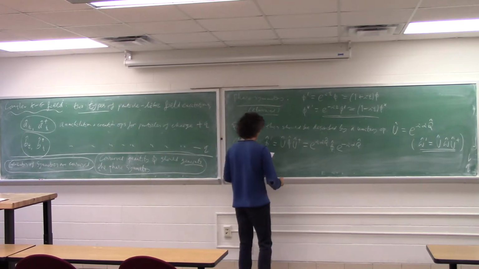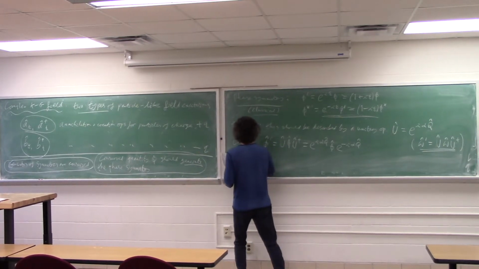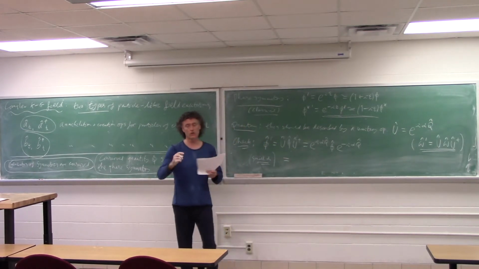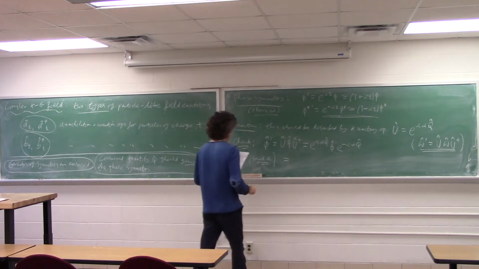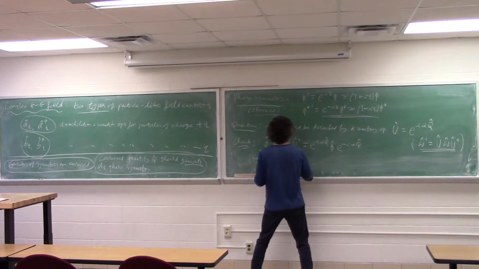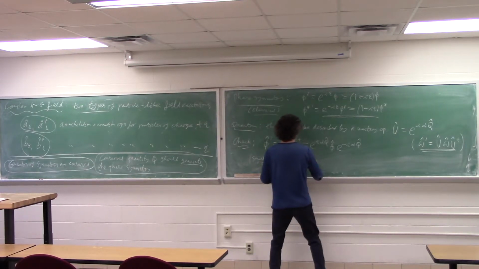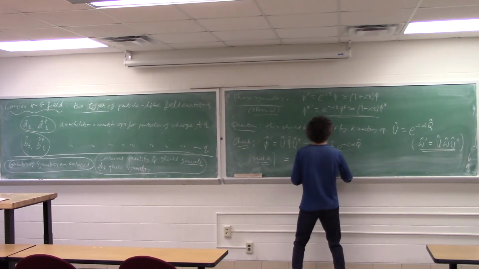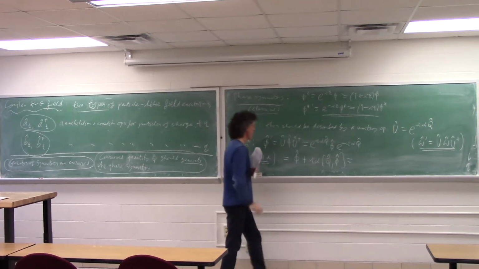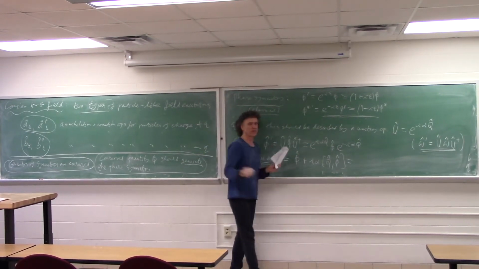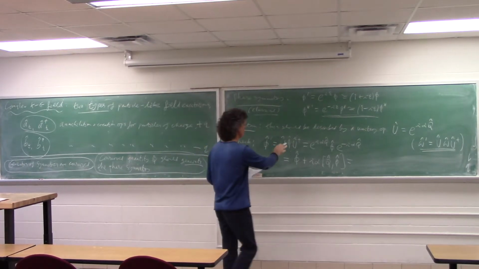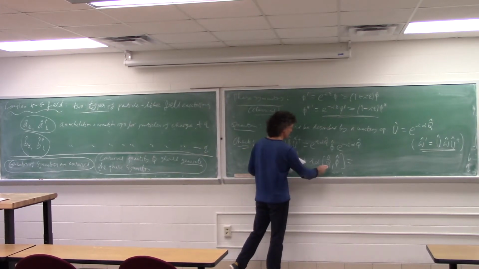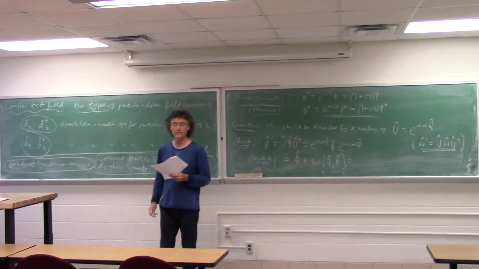So let's check. If I look at small alpha, where e to the I alpha q is just 1 plus I alpha q, and we looked at a similar expression last time, if I replace e to the x by 1 plus x and just multiply this out, some terms cancel, and you find that this is just phi hat plus I alpha times the commutator of q with phi.